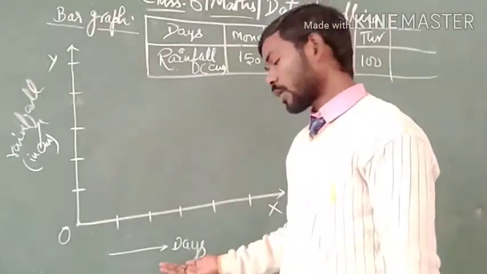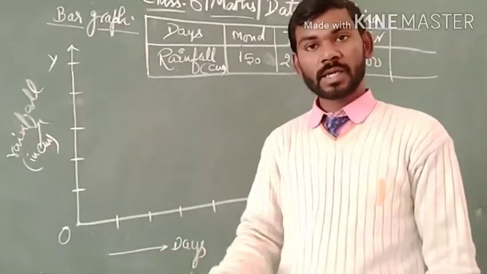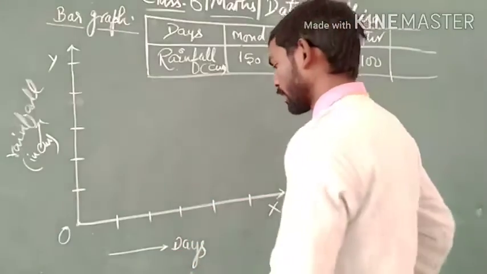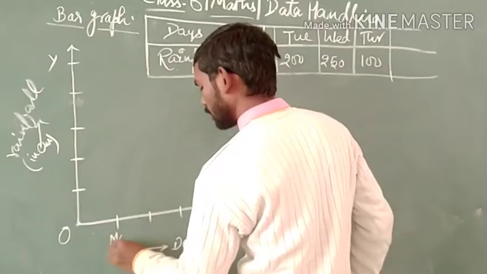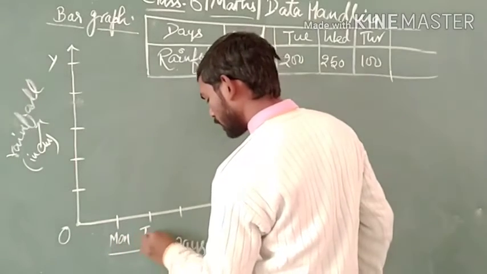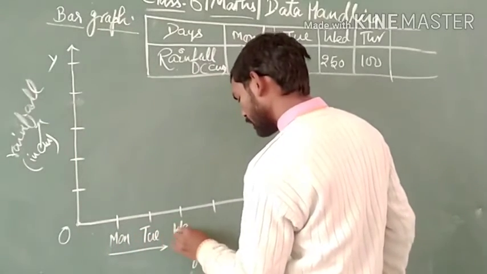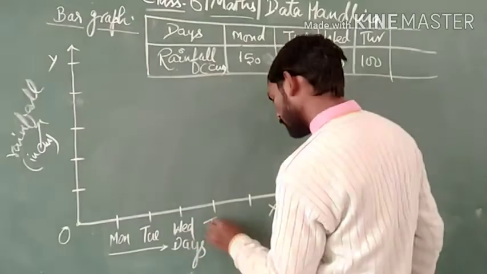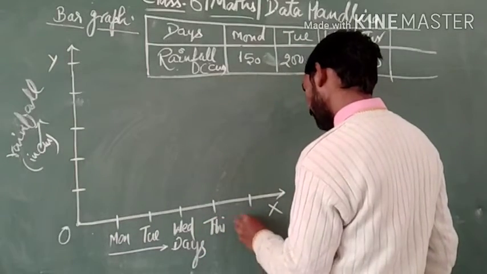Since on the horizontal line we are representing days, therefore we write Monday, Tuesday, Wednesday, Thursday, and Friday.